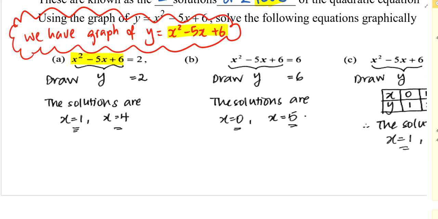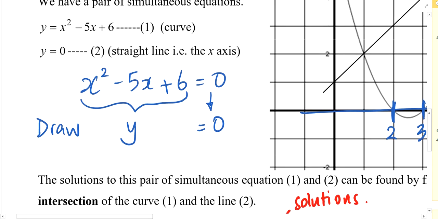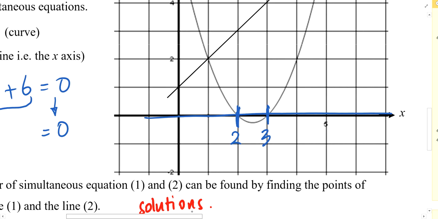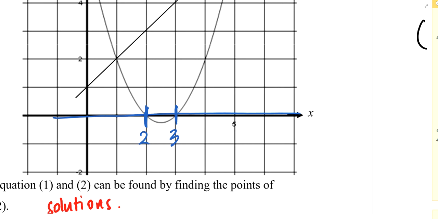So the presentation, very simple, just draw a bracket. This is equal to y. Keep in mind we already have it. Copy down whatever is on the right hand side after the equal sign and write the word draw. So draw the graph of y equals 2, find the points of intersection. So from this, we draw the line of y equals 2.